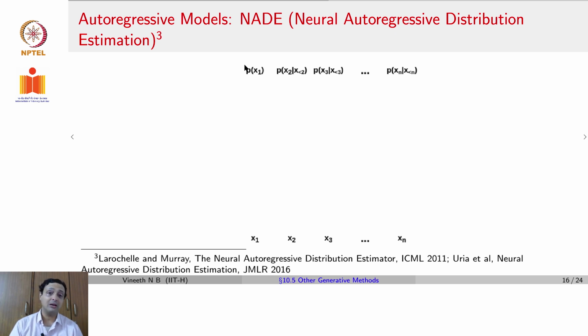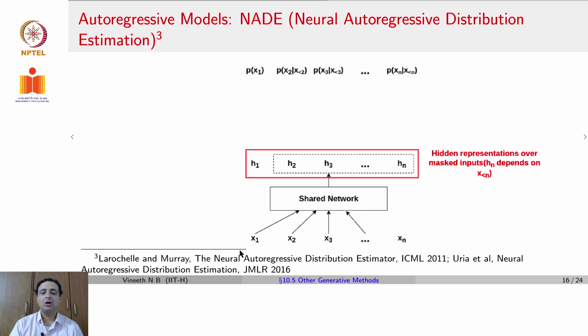So we are trying to understand the probability density function of the real world data, which is a product of all of these. What we do is provide all of these inputs to a shared neural network, which can have as many layers as you choose. The output of that neural network is then passed on to a layer of hidden representations which are obtained over masked inputs.